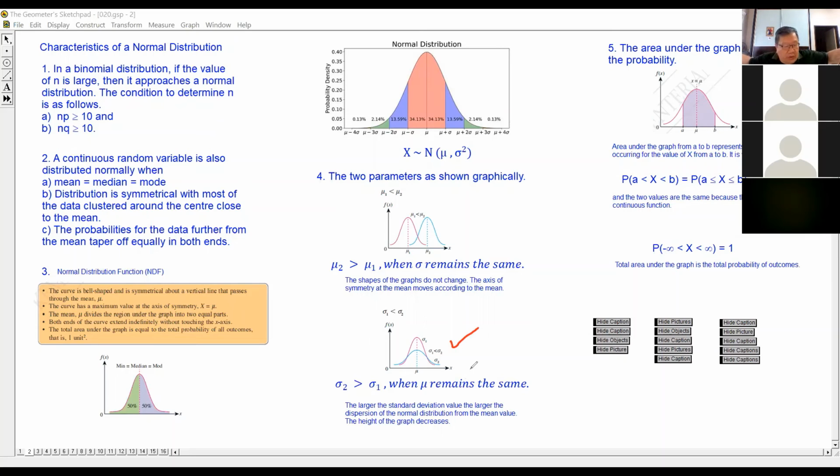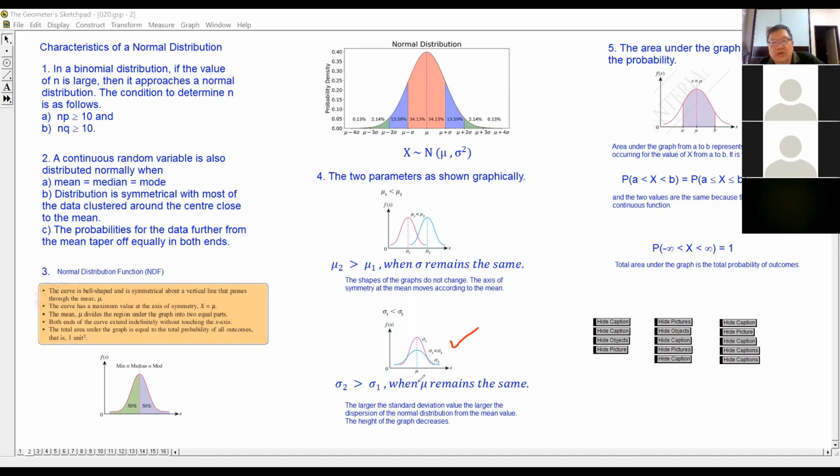They distribute over a wider area, which means the standard deviation is bigger. If the standard deviation is smaller, they are taller and thinner, like the pink color here.